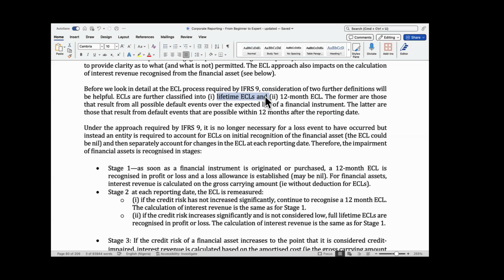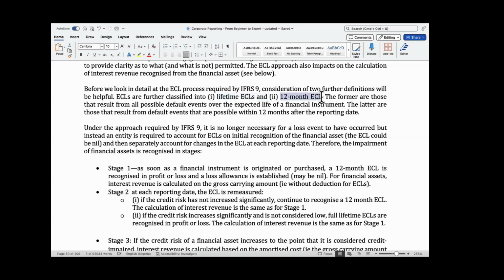So lifetime ECL is an ECL by looking at all the possible default events that can happen over the lifetime. You will see that will require a lot of estimates, a lot of estimates.